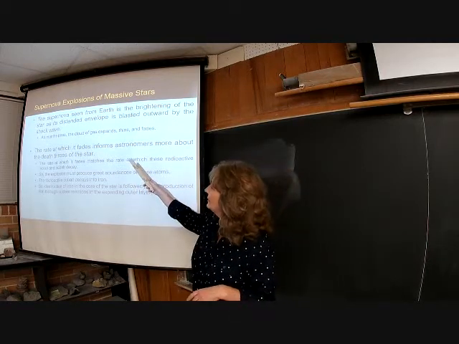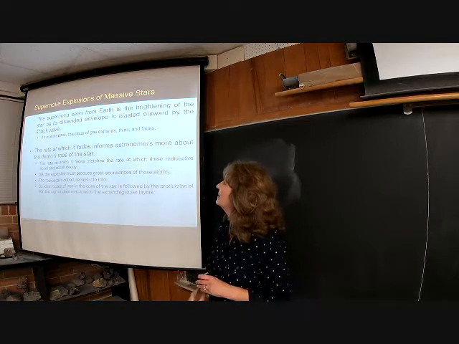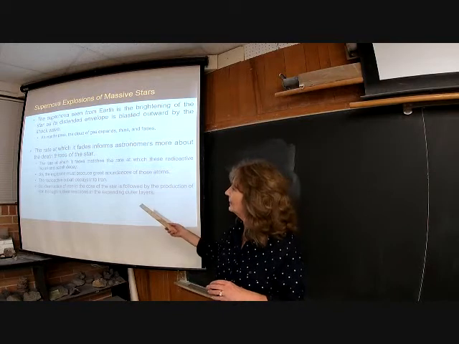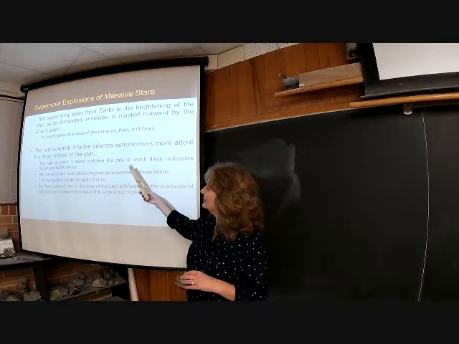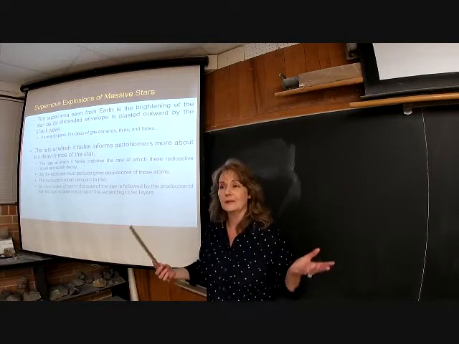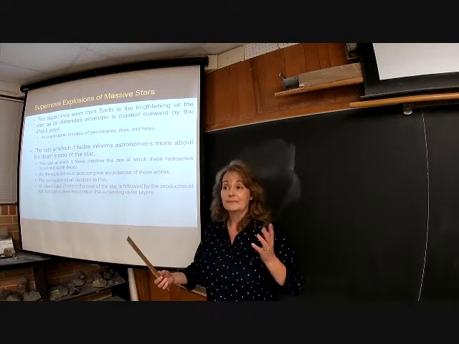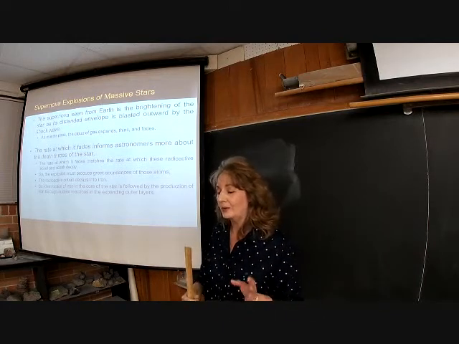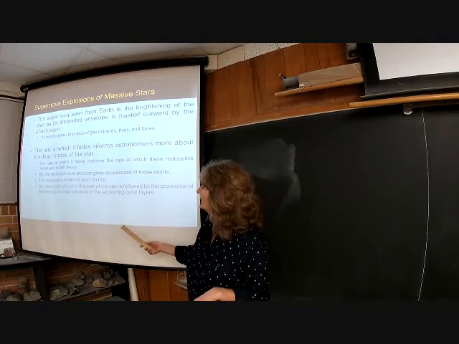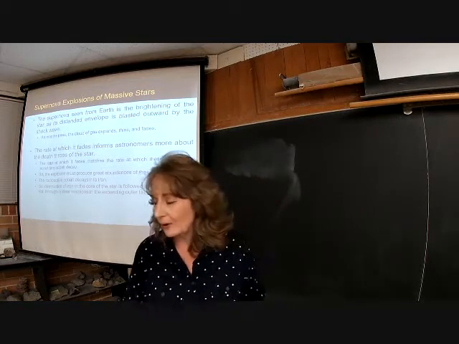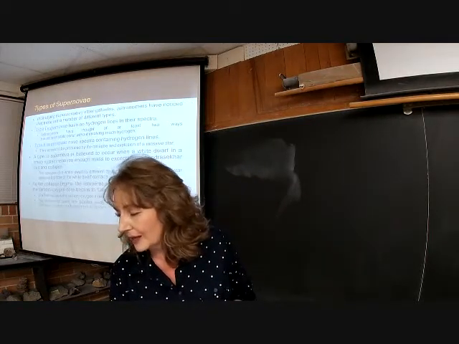The rate at which it fades helps astronomers model what kind of death throe it was going through, so they do look at those rates. That'll become important when we talk about the cosmos, the universe as a whole. We'll think about this again there. But so, the collapse of the core, yet the explosion of the outer part.